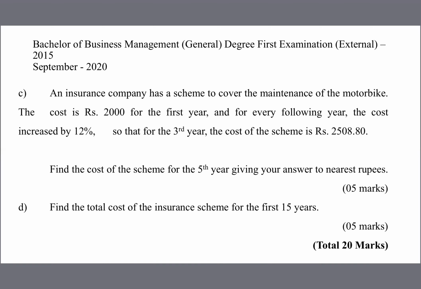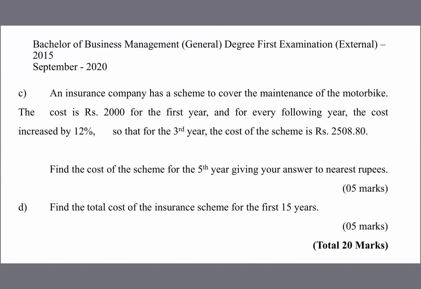So that for the third year the cost of the scheme is rupees 2508 and 80 cents. Find the cost of the scheme for the fifth year, giving your answer to the nearest rupees, right? So it's also find the cost of the scheme.